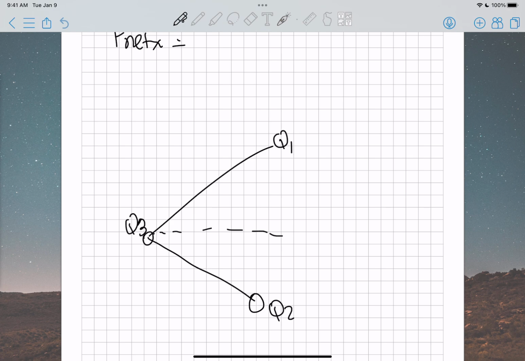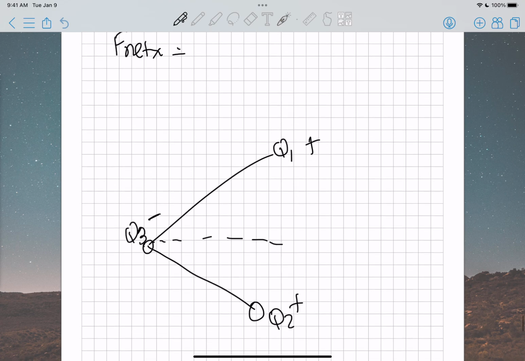We want to figure out the net force on Q3. Q3 was negative, Q1 was positive, and Q2 was positive. How does Q3 react to Q1? What will Q3 do to Q1? Exactly, it'll move to Q1 this way because it's attracted to it.